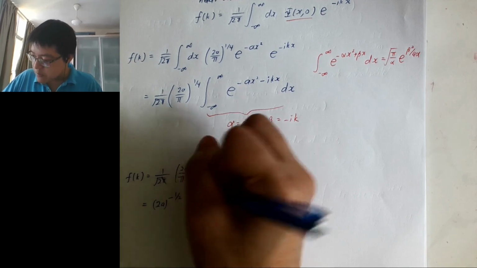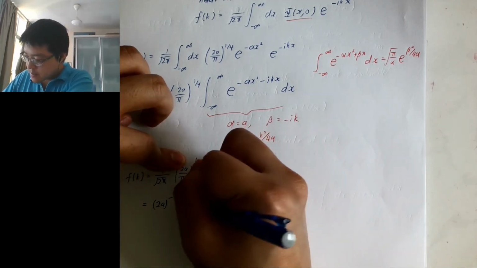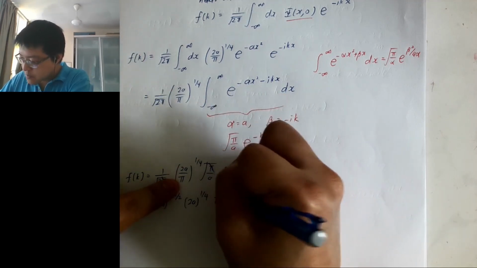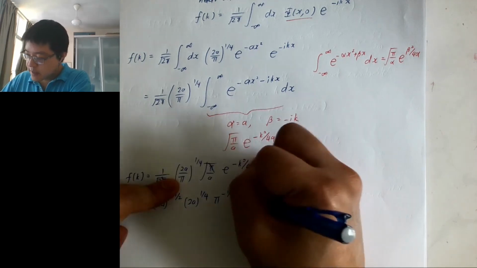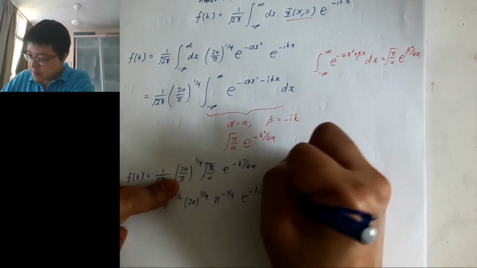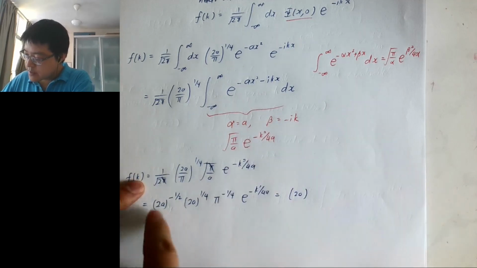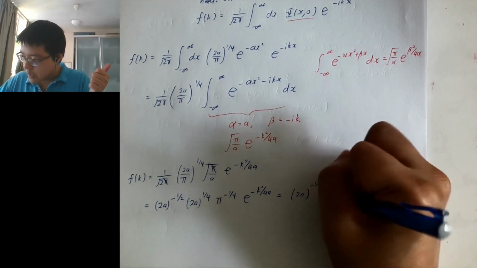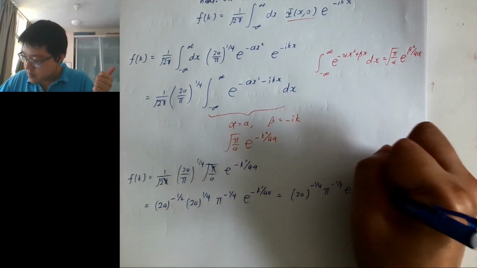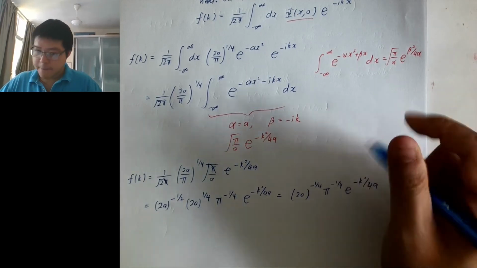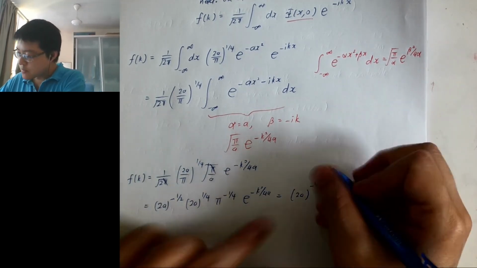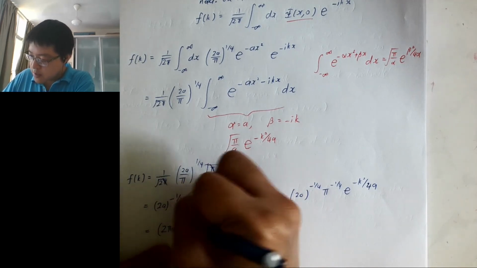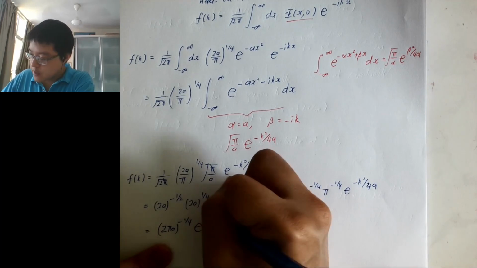This is 2a to the power 1/4, this is pi to the power 1/4, and e to the minus k squared over 4a. So I got 2a and pi, each to the power of 1/4 with the pi in the denominator, so I can just put this together: this is 2a over pi to the power of 1/4, e to the power of minus k squared over 4a.